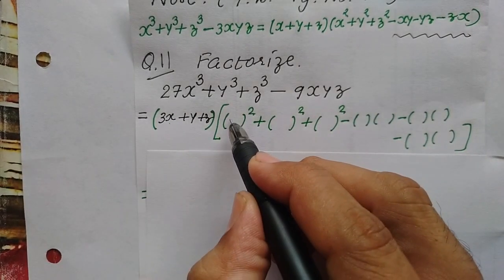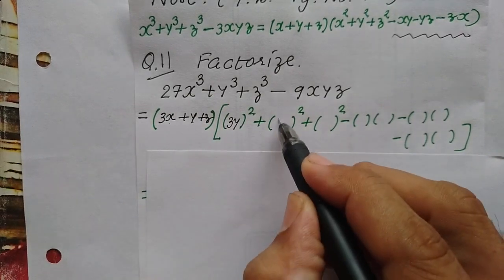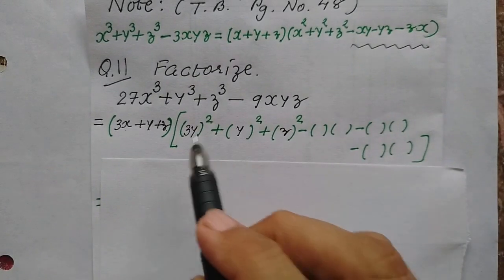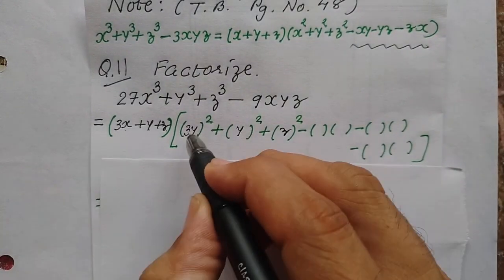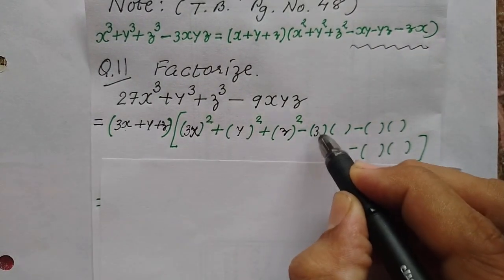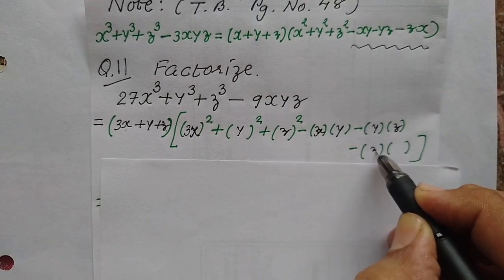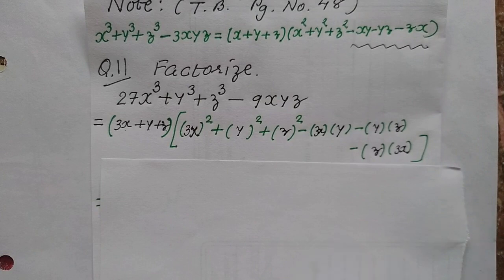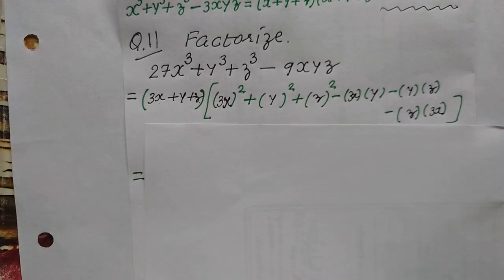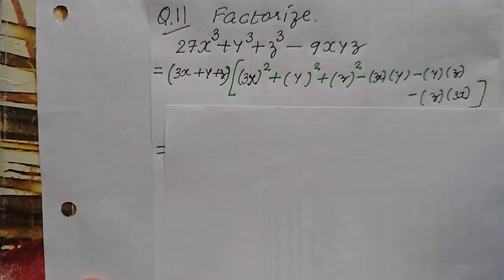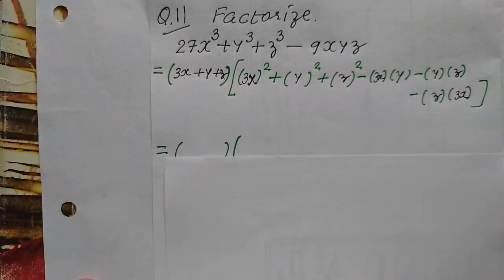This 3x we write here, this y we write here, this z we write here. Now children, first two: 3x, y, y, z, z, 3x. Okay, now children, second step, we just have to remove these brackets. That will be your answer.